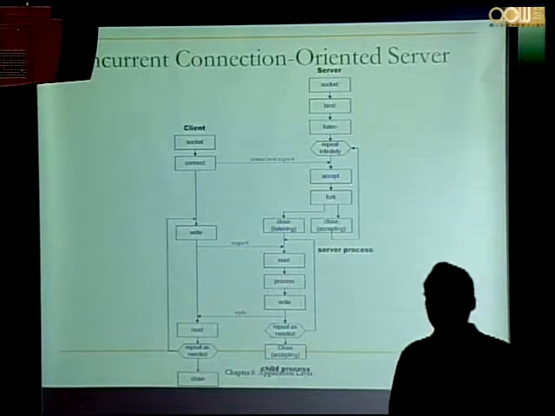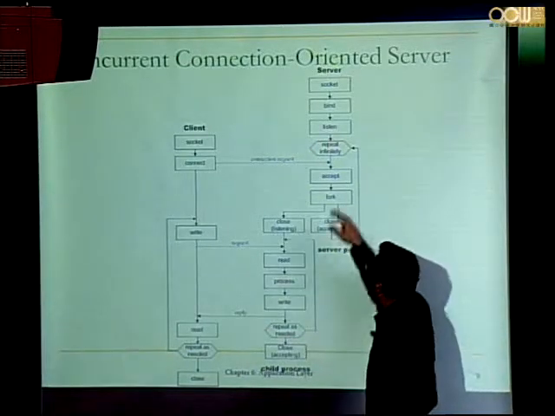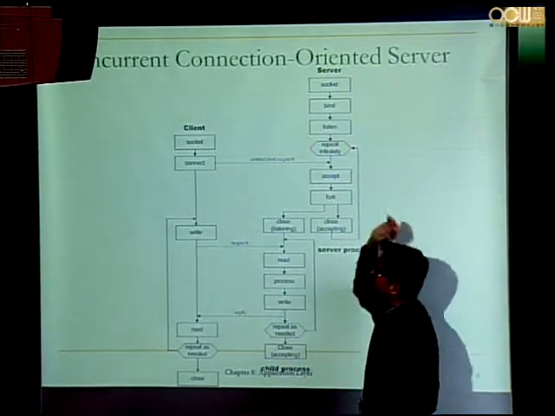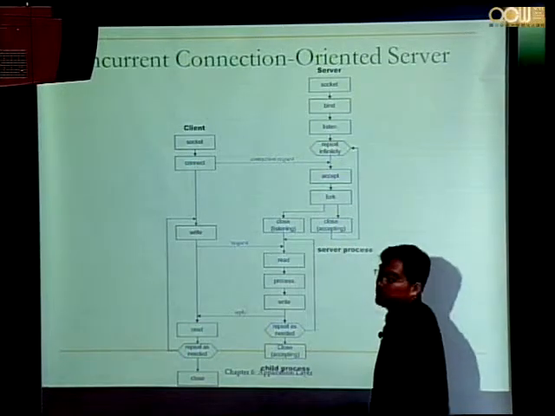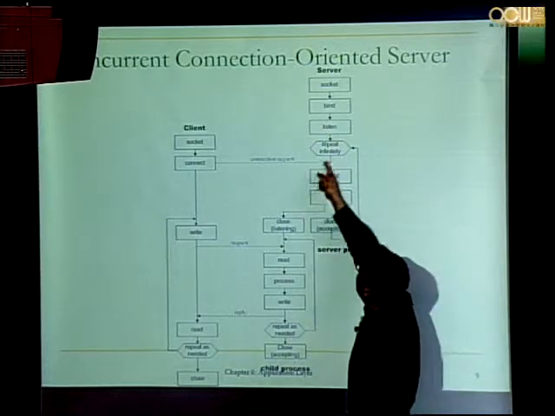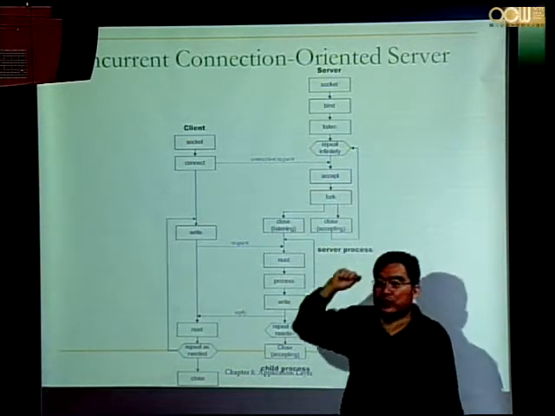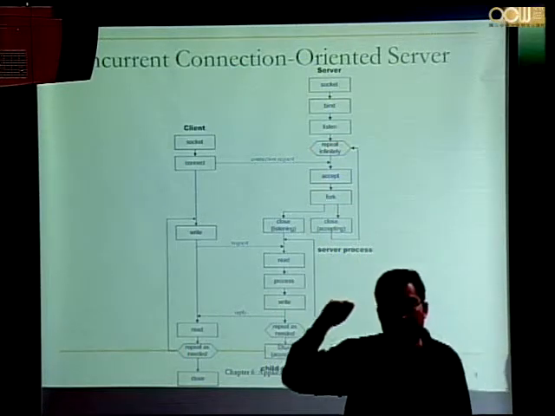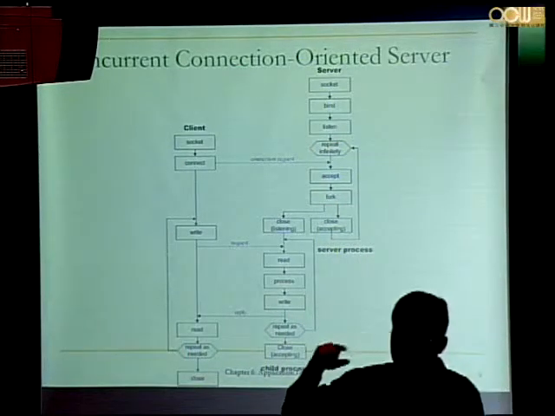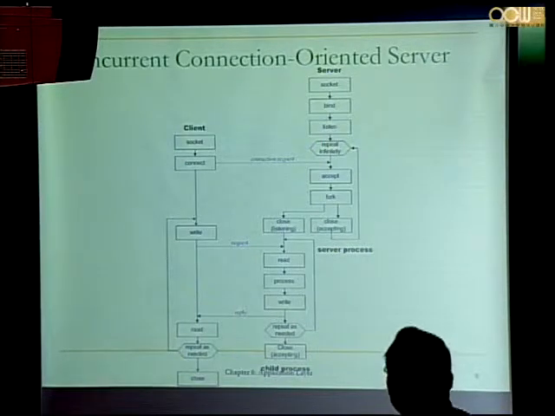But if no client is coming in, then the accept system call will block, and the server process will sleep. But if a client comes in and finishes the three-way handshake, then the process will be awakened and the accept system call will return.